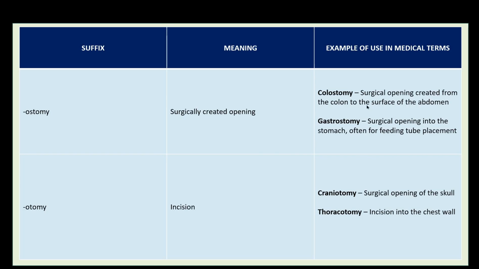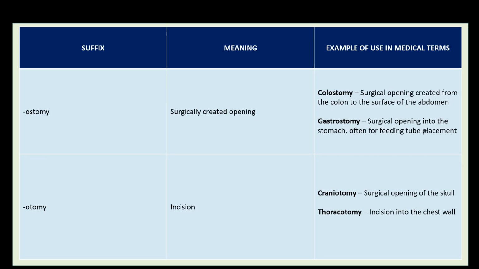Colostomy means a surgical opening created from the colon to the surface of the abdomen. So when there is a surgical operation creating an opening from the colon to the surface of the abdomen, we use the terminology colostomy, and this colostomy is composed with the suffix ostomy.